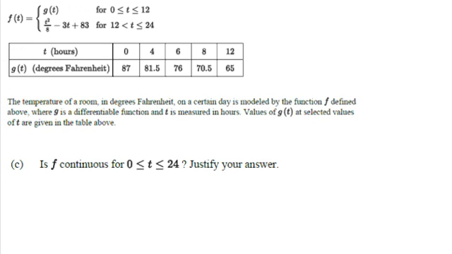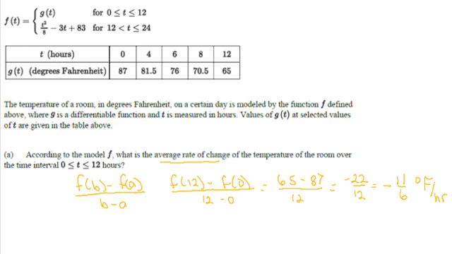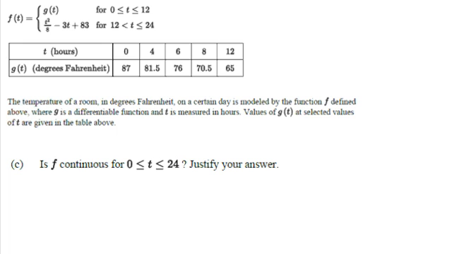All right, part C, we want to know, is f continuous from 0 to 24? Let's see here, I want to go back. In this problem, it said somewhere that it is continuous.